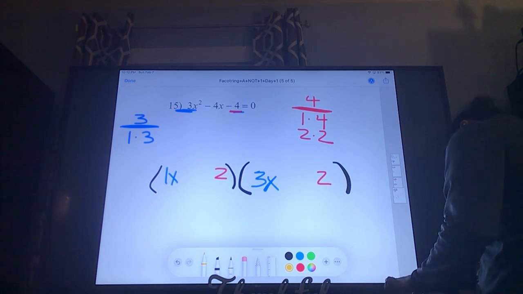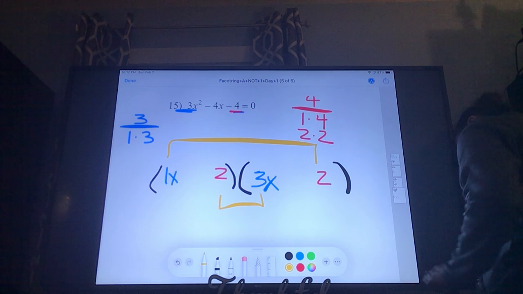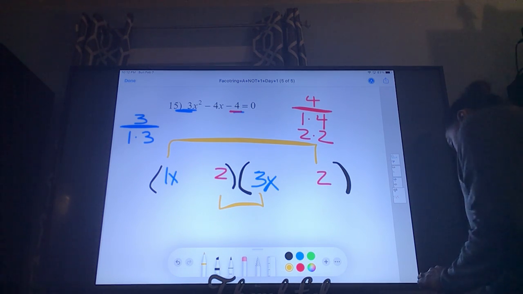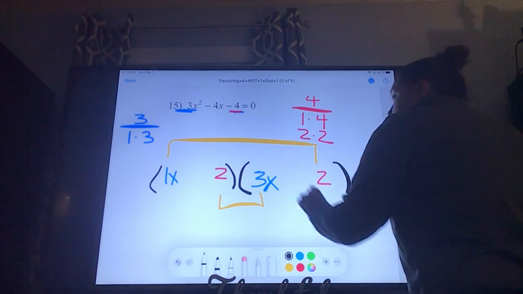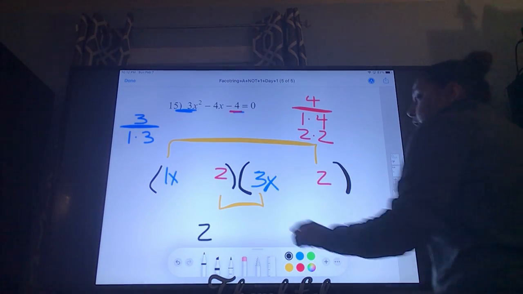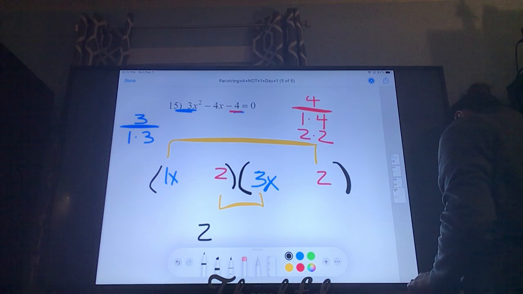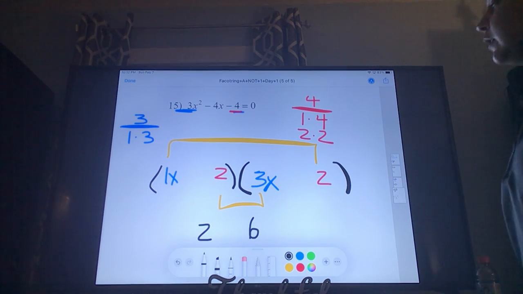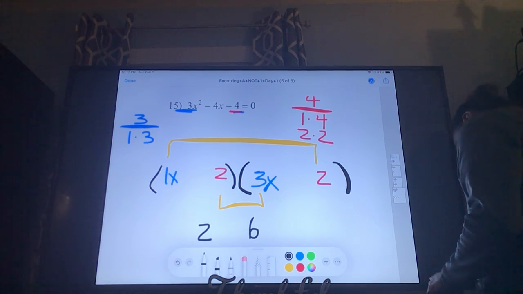Okay, we always check the outer and the inner. So 1 times 2 gives me 2. 2 times 3 gives me 6. Okay, would a 2 and a 6 ever give me a 4? I need a 4 here in the middle.